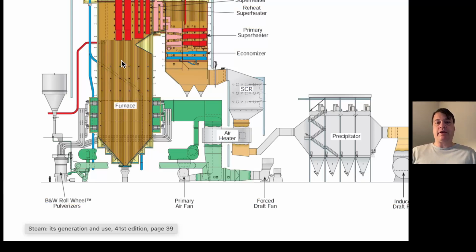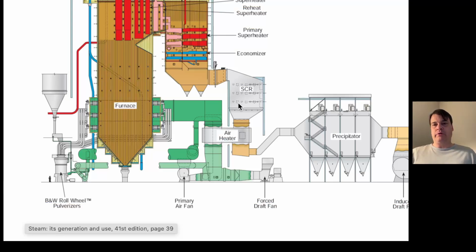The temperature of the gases is decreasing as you go through the furnace, and so at the end where the gases are coolest, you have what's called the economizer, and that's going to preheat the water as a liquid before it goes into the furnace as part of the cycle. The gases pass through a SCR, selective catalytic reduction unit, to remove NOx.